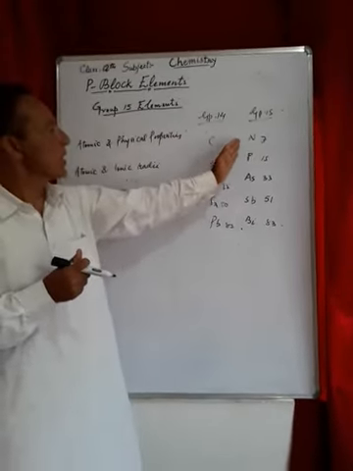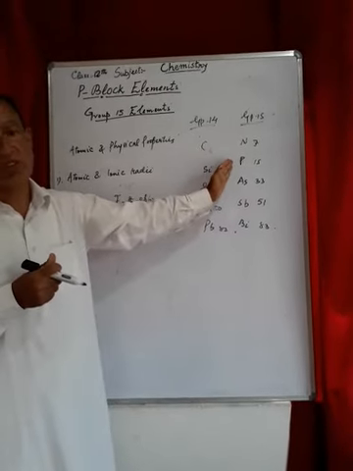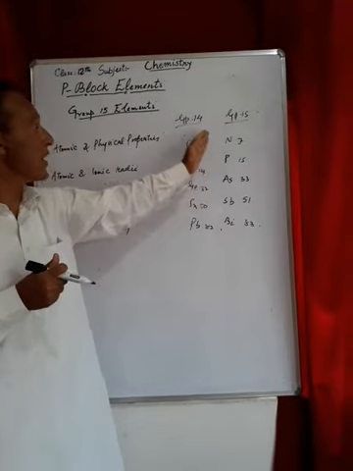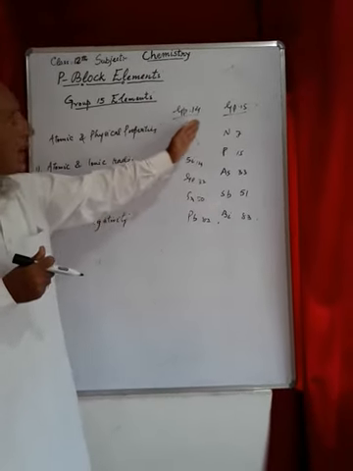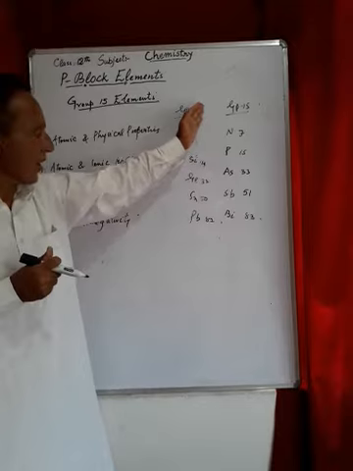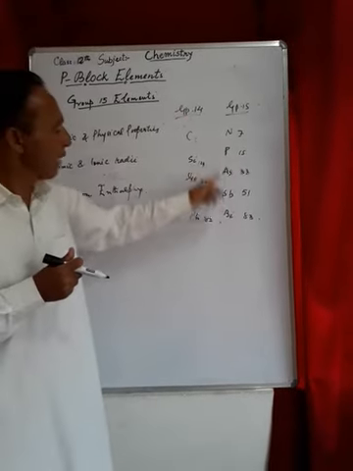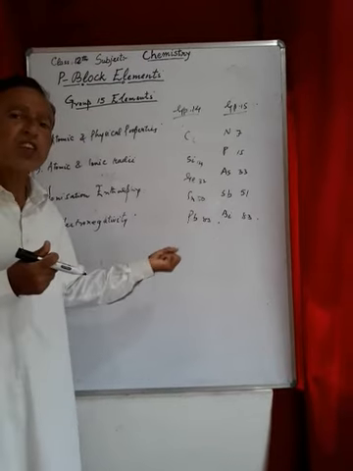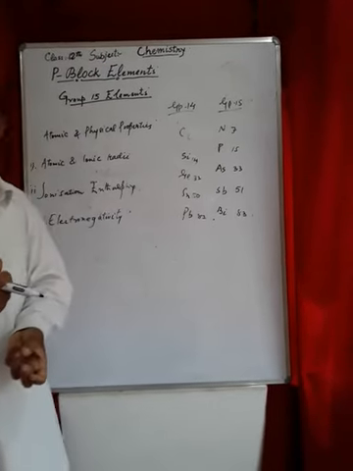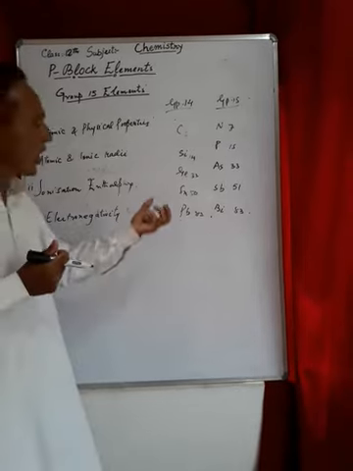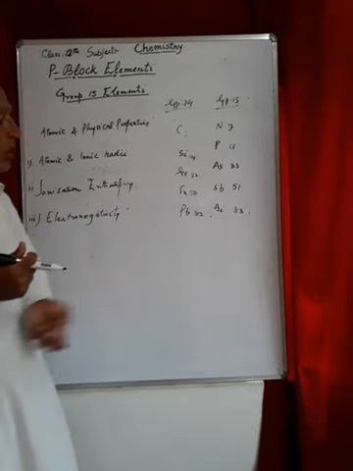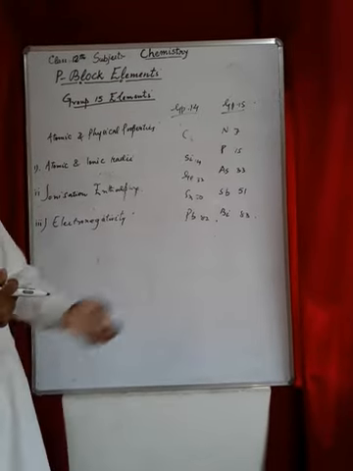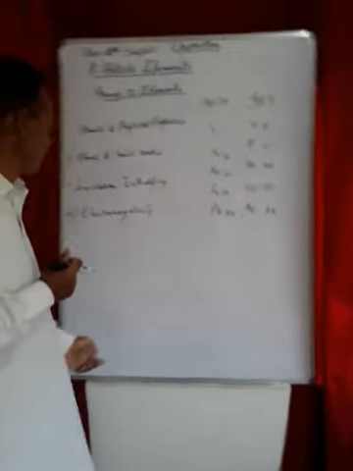So we have to apply more energy to remove the electrons, and the ionization energy of group 15 elements is higher than group 14. But as we move down the group, as the atomic size increases, the attraction of the nucleus towards the outer shell electrons decreases. So we have to apply lower energy to remove the outermost shell electrons; in other words, the ionization enthalpy decreases.